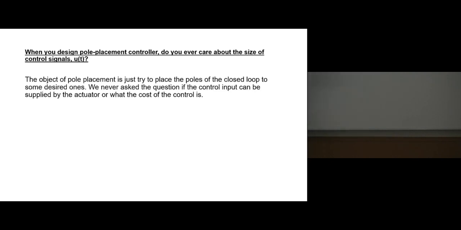So the objective of pole placement is to place the poles of the closed loop at some desired ones, but we never ask the question if the control input can be supplied by the actuator or what the cost of the control is. In real control system design, should we care about the size of the control signals?